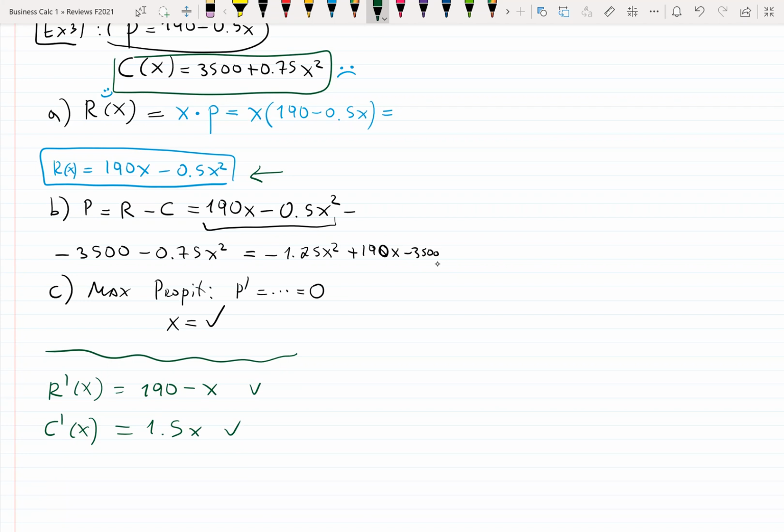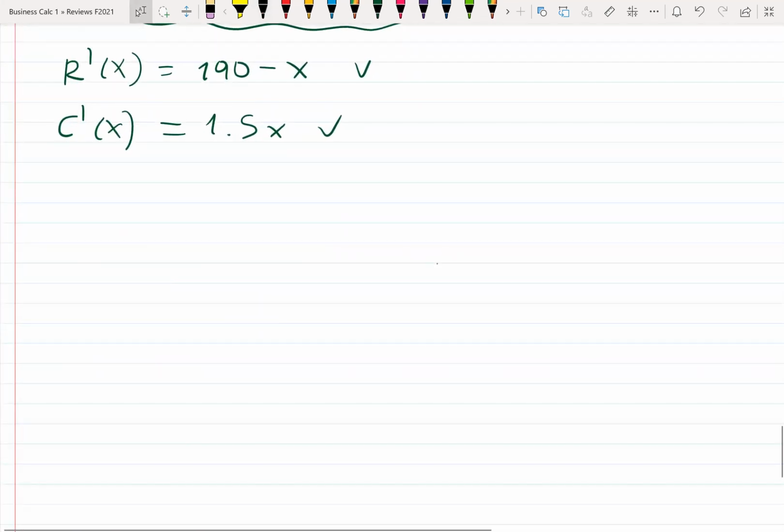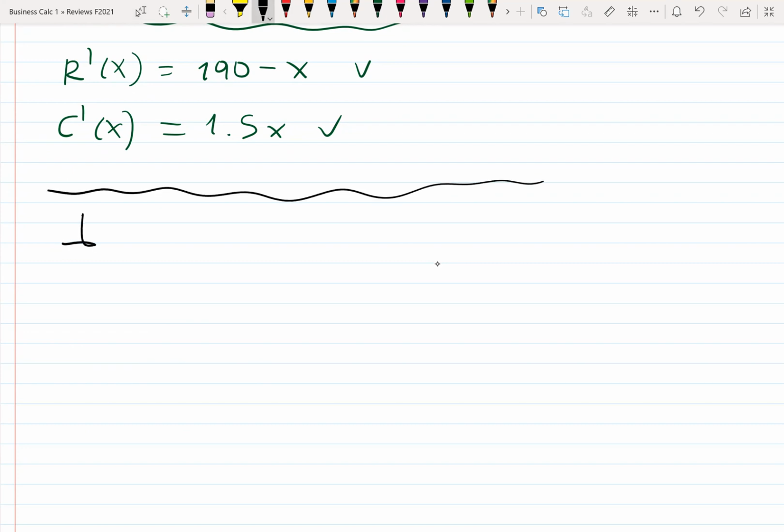Let's do one of the questions from the review. Here it is. We also need to review, if we have time, elasticity: inelastic, elastic, and so on. Those are cool topics. I actually like them a lot. Let's do implicit differentiation first.